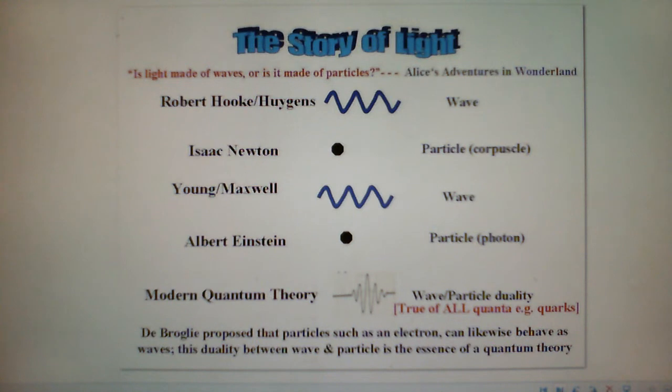This is a brief potted history of how the notion of what light consisted of has oscillated throughout the ages. This wave-particle duality is encompassed by modern quantum theory, which will be explained through the remainder of these slides.